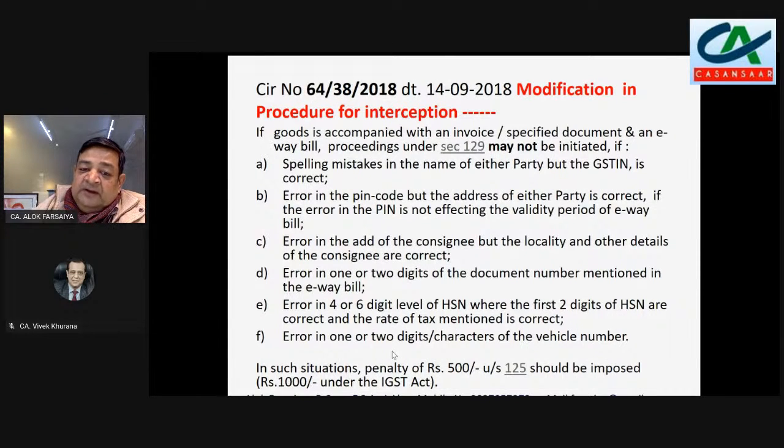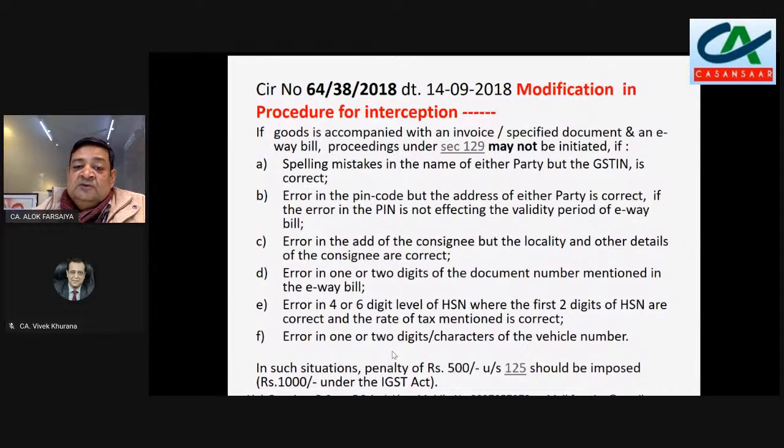But while mentioning the PIN code of the party, we should take care of one thing: if the distance is too long, by virtue of entering the PIN code on the system while generating the e-way bill, the e-way bill automatically calculates the distance between the destination and originating place. And if we commit an error in the PIN code, the system will calculate the wrong distance, which may affect the validity time of the e-way bill.